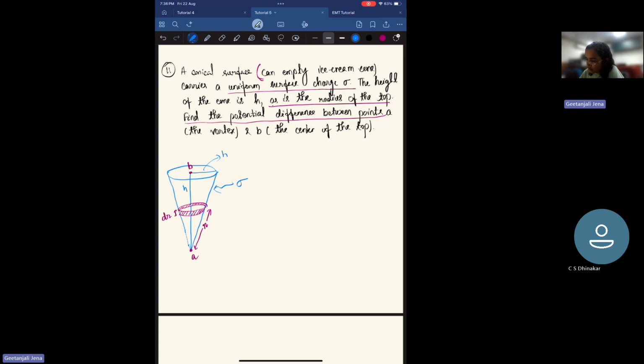Let us say this radius is small r, and the distance from the top B to here is R prime. So we need to find the potential at A and potential at B. So that is why I have defined the distances R and R prime.